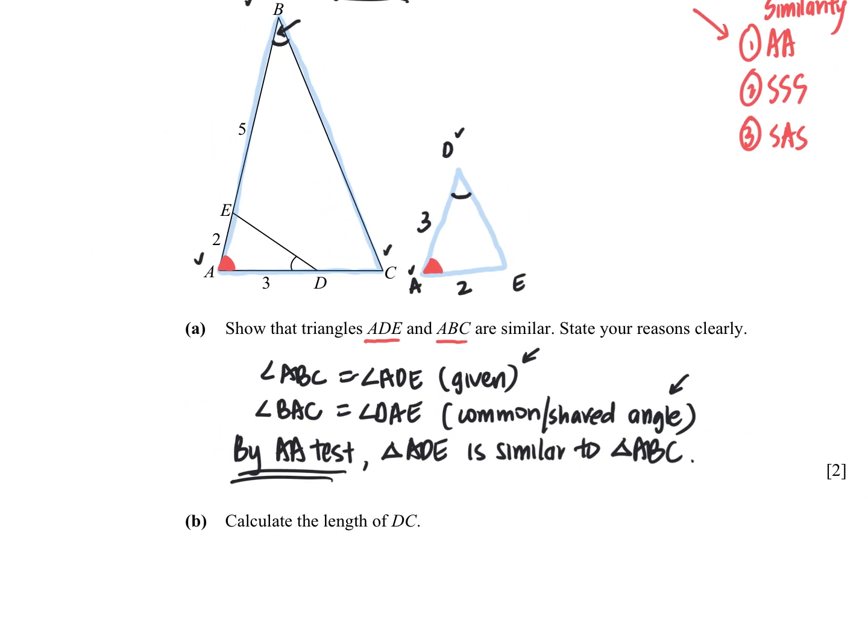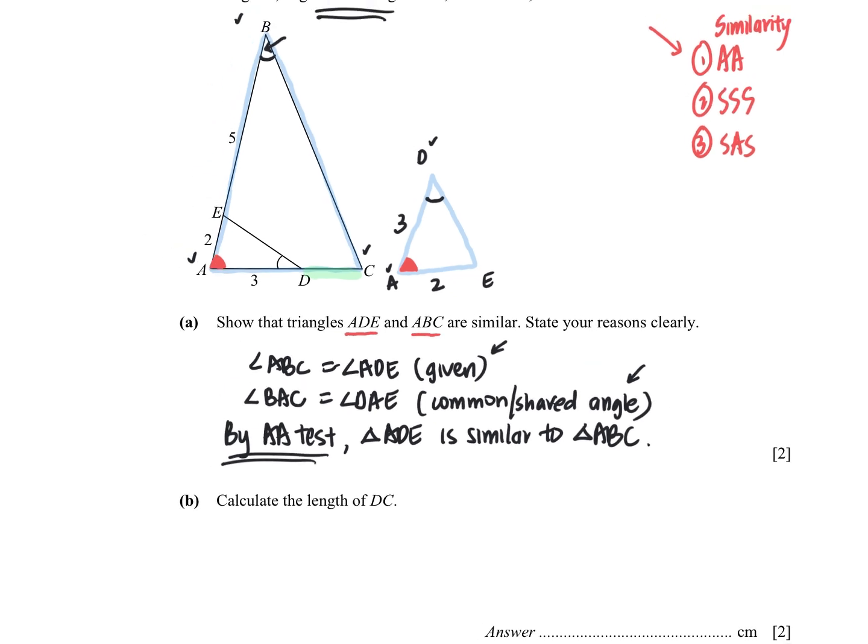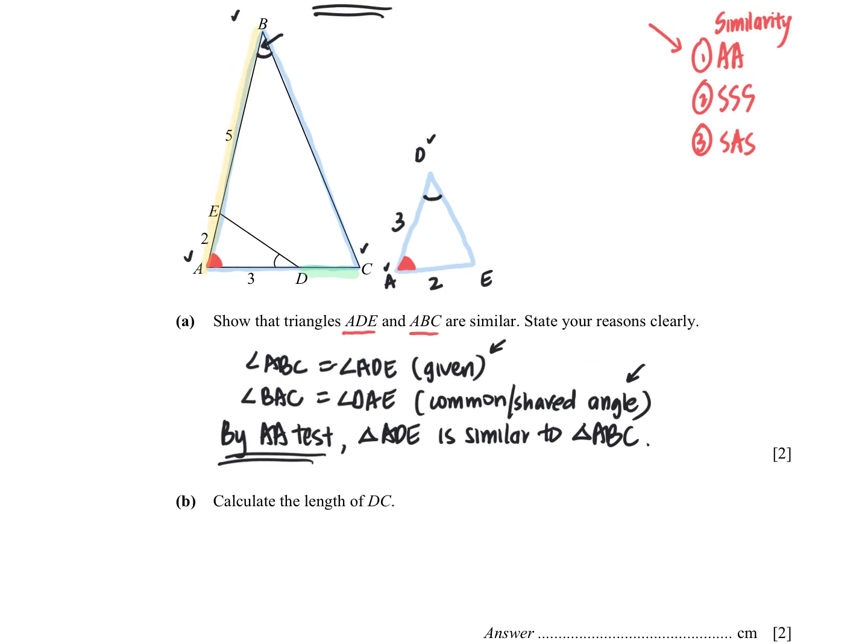Okay, next one. I want to find the length DC, this one. But first of all, we compare corresponding sides first. Yes, it's like ratio. So this length and this length must always share the same ratio as this with this.